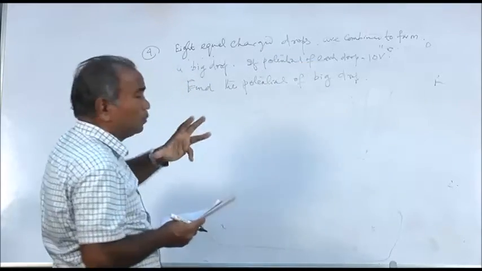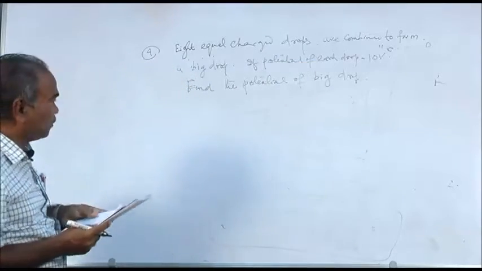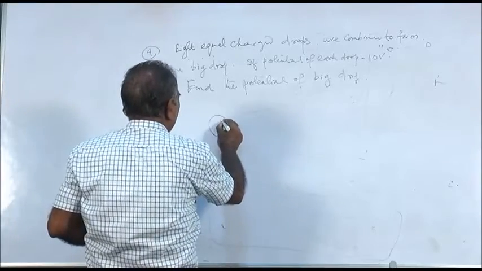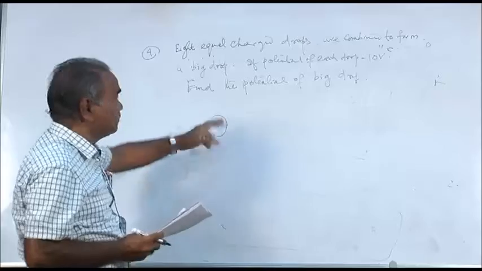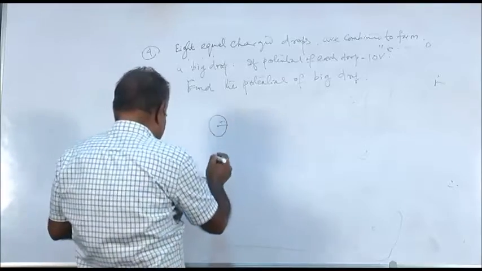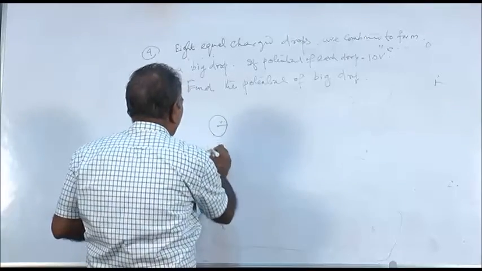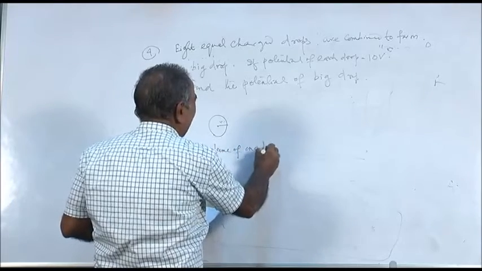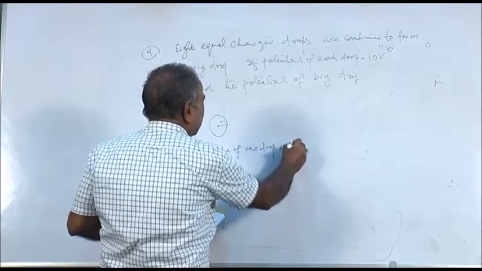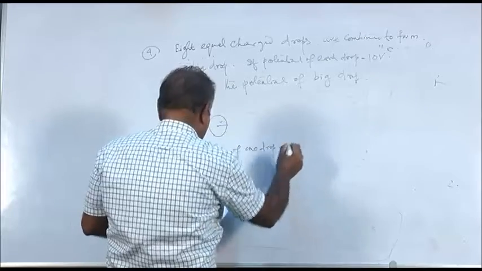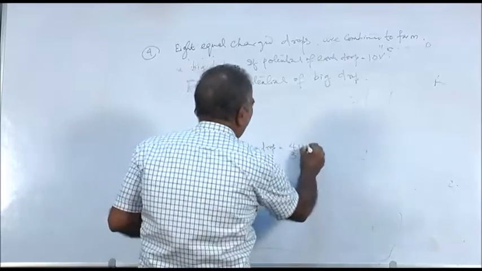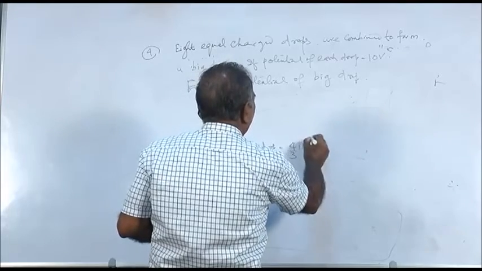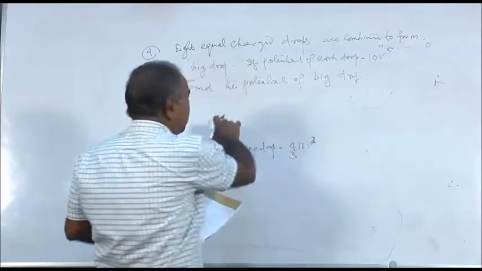Let us calculate what will be the radius of the big drop. Suppose each small drop has a radius equal to r. What is the volume of the drop?